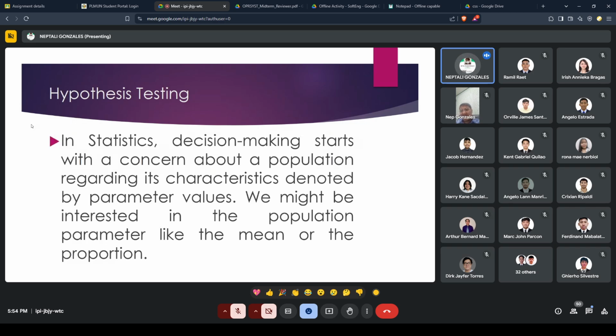So in statistics, decision-making starts with a concern about a population regarding its characteristics denoted by parameter values. We might be interested in a population parameter like the mean or the proportion. So these are parameter values. If you want to study the mean, you may use it if the available data permits.